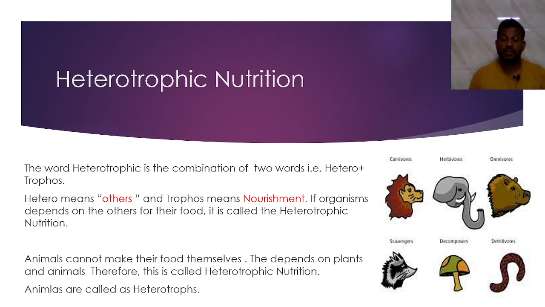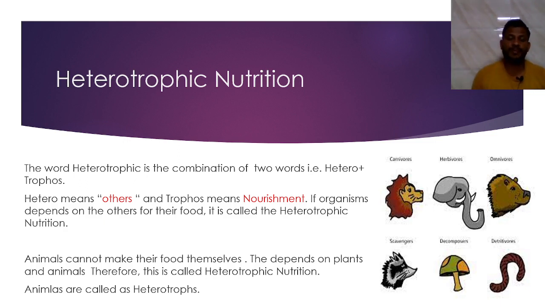Human beings are a very familiar example we can take here, which depend upon other organisms as well as on plants for their food. The animals which depend upon other organisms or on plants are known as heterotrophs.